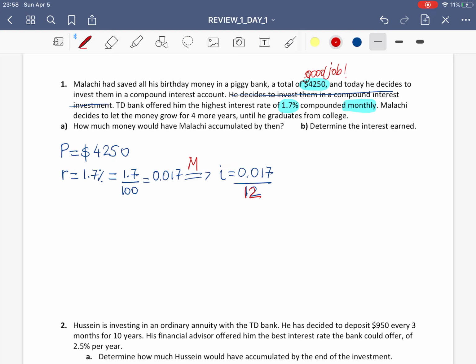Now, Malachi decides to let the money grow for 4 years. So that means that the time of accumulation is 4 years. And with the money compounding monthly, that means that there will be 12 times 4 years, or 48 compounding periods in total.